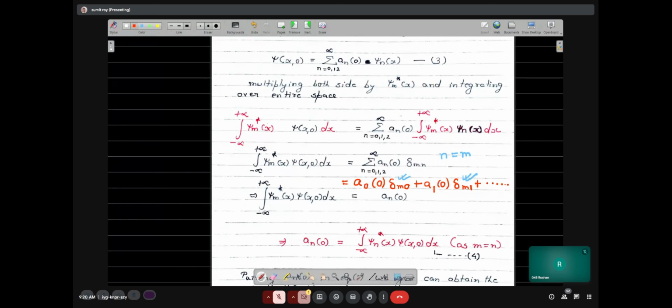So when n is equals to m, this term becomes 1, and you are left with n equals to m. So you are left with either am0 or you write an0. Doesn't matter, because they are equal, because this is the term when m is equal to n.